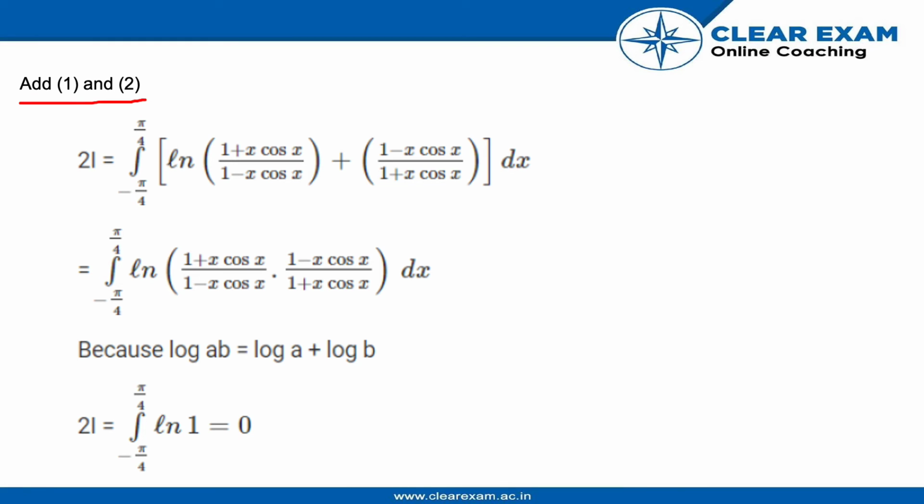And now adding 1 and 2, this is 2I. After adding equation 1 and 2, we get the integral from -π/4 to π/4 of ln((1 + x cos x)/(1 - x cos x)) + ln((1 - x cos x)/(1 + x cos x)) dx.